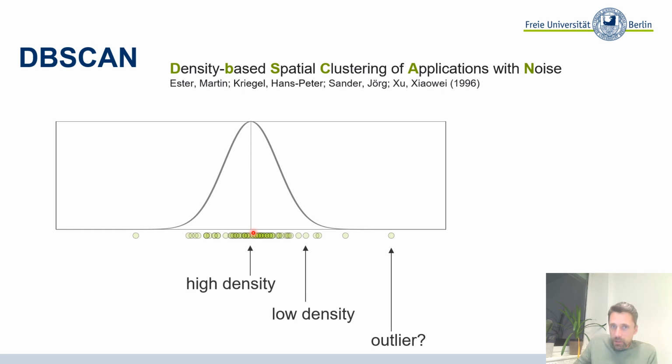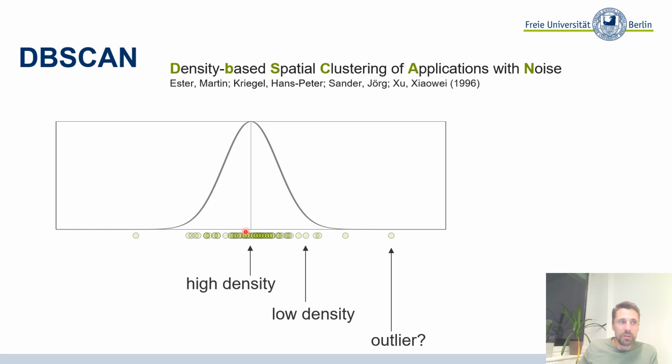And this underlying distribution doesn't necessarily have to be a Gaussian like here. But our observation here is that those points that are in the center of this cluster or this distribution are in a dense neighborhood.